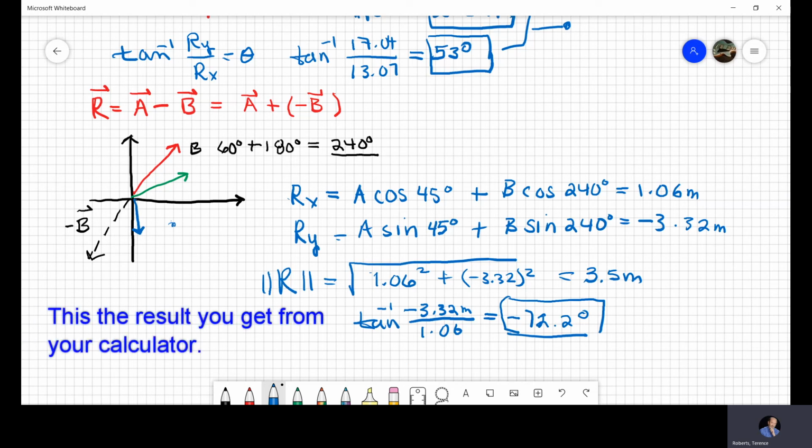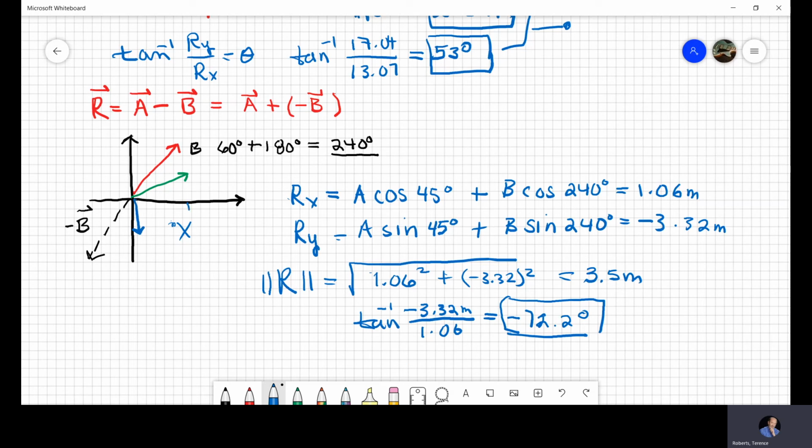Well, you realize it's in this quadrant right here, so you have to rotate 72.2 degrees clockwise. Remember, clockwise is always negative, and counterclockwise is always plus. So we're going to go clockwise, and so we're going to go negative.